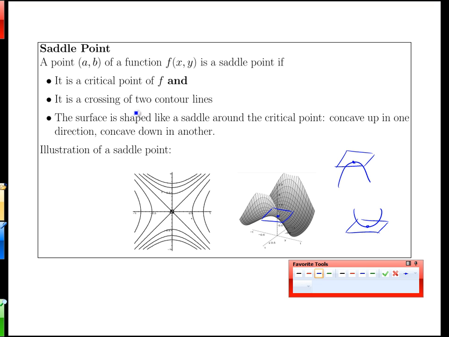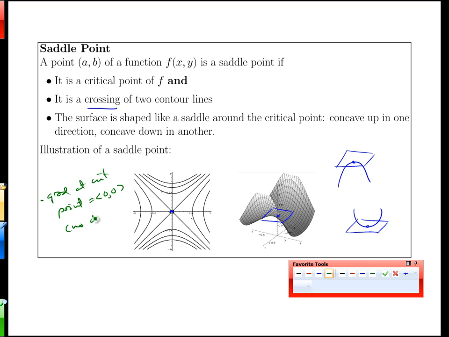There's another important feature in terms of how we can identify these saddle points in contour diagrams. Saddle points occur at the crossing of two different contour lines. Why is that an interesting point? Well, remember that the gradient at a critical point is equal to the 0, 0 vector, or the 0 vector simply.